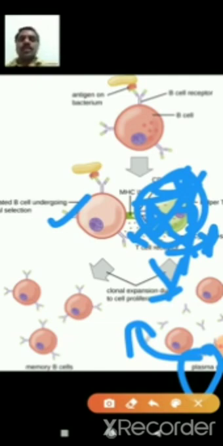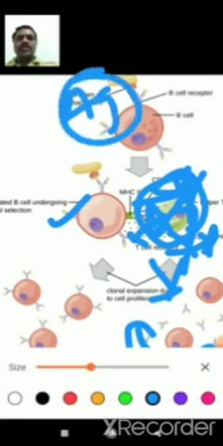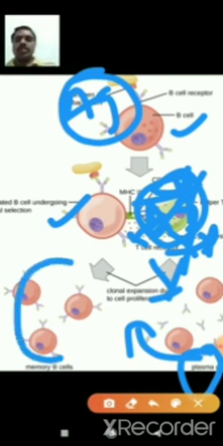But after 1 month, 2 months or 1 year, malaria attacks the same person again. This time the B cells are not activated on their own, because memory cells are already present in our body.